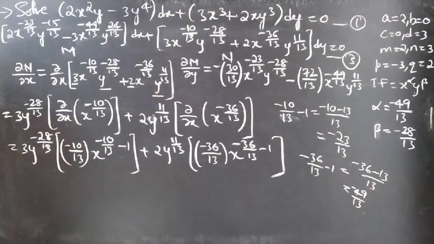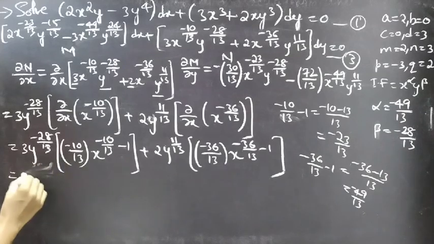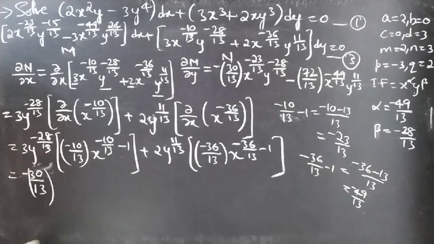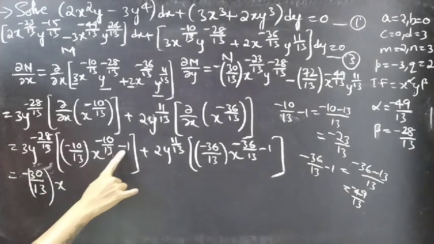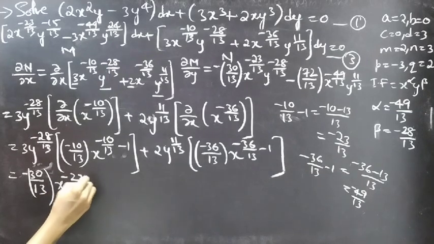Right, you can write this as 3 into minus 10 by 13 gives minus 30 by 13 into x power minus 10 by 13 minus 1 is minus 23 by 13.